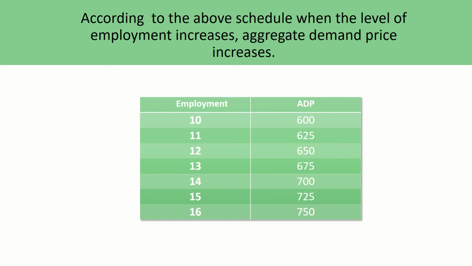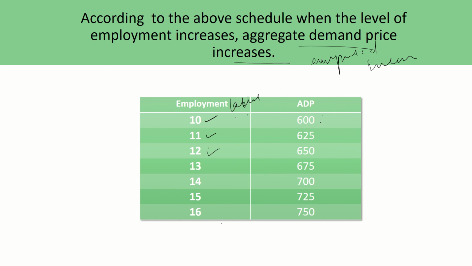Now let us look at the schedule. This is a schedule where the employment is increasing, and aggregate demand price is also increasing. Aggregate demand price, as we already know, is the expected income from the sale of output. If 10 lakh labor are employed, and then 11, employment is increasing.